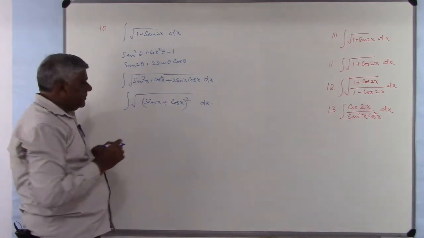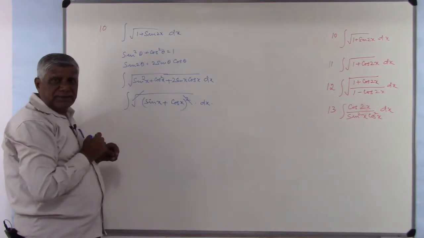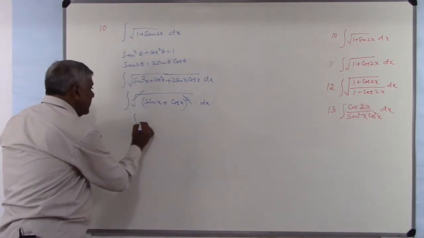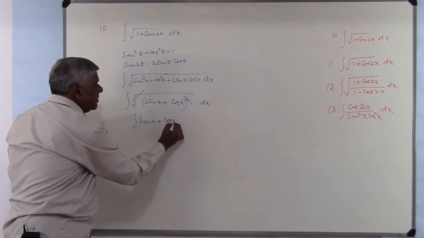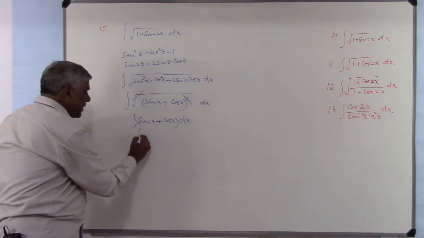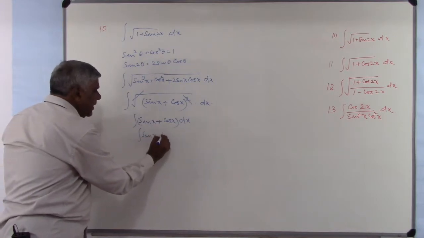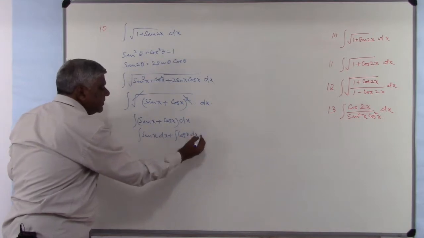We have written. Now this square and root get cancelled. So what do we get here? Sin x plus cos x dx. Or split this: integral sin x dx plus integral cos x dx.